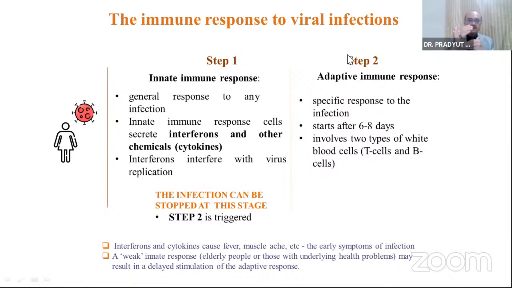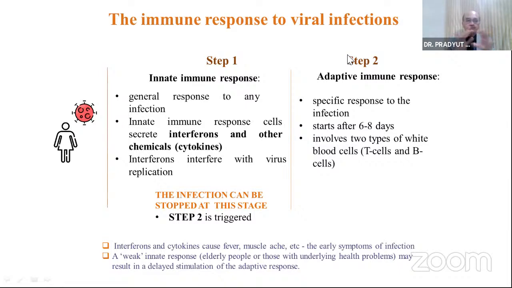When they are doing this action, these interferons and cytokines cause fever, muscle ache, etc., which we all experience when we get any sort of viral infection. The reason for the fever, the myalgia, the body pains, which are early signs of any viral infection, is that our innate immune system is responding. It is liberating interferons and cytokines to fight these viruses, and that's why this is the healthy response we get.